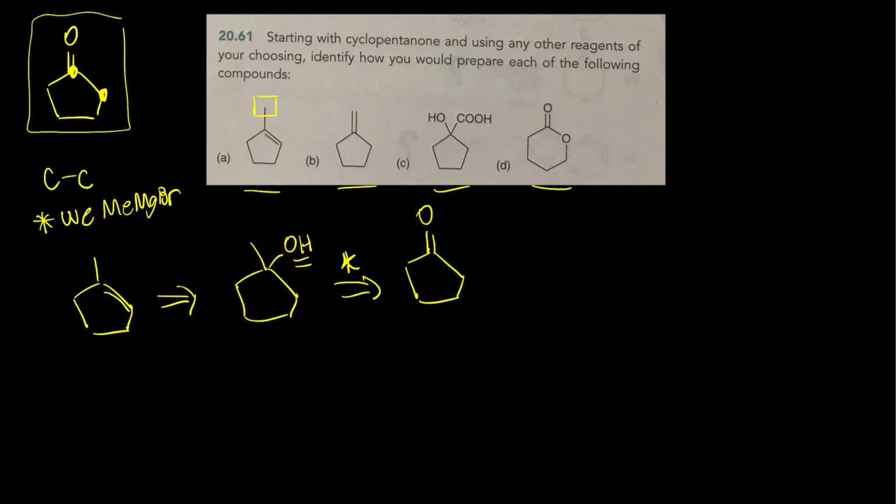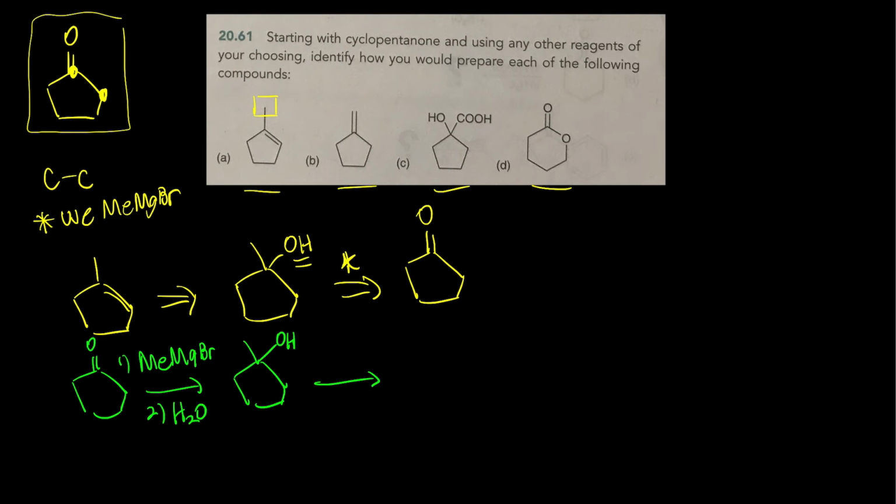So let's go ahead and show the synthesis here. What I would do is I would start with cyclopentanone, okay? And I would treat this in step 1 with methyl magnesium bromide. In step 2, I would add some water, and that would give me my alcohol, okay? And then I want to make a more substituted alkene, okay?